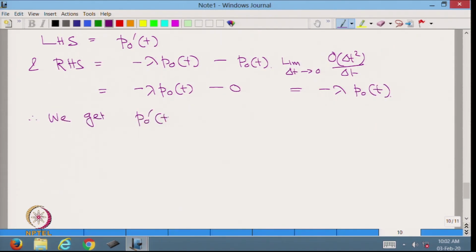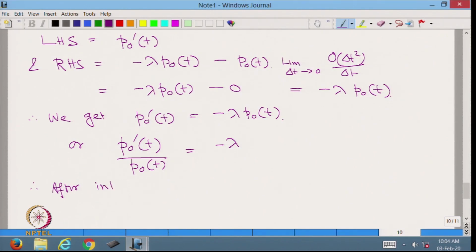P0 prime t is equal to minus lambda P0 t, or P0 prime t upon P0 t is equal to minus lambda. Therefore, after integration we have log of P0 t is equal to minus lambda t plus c.